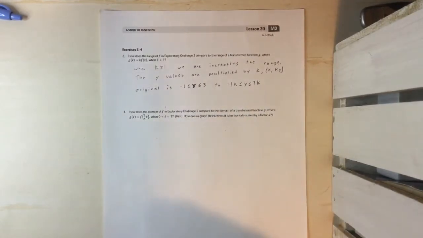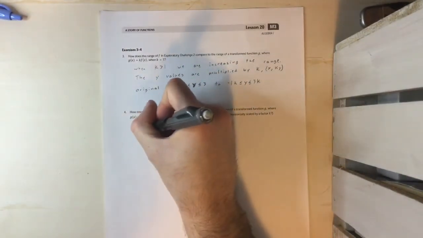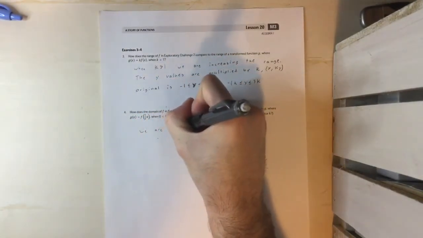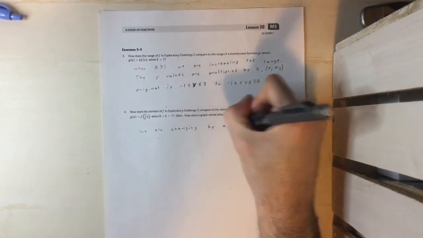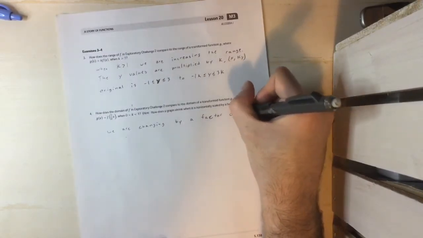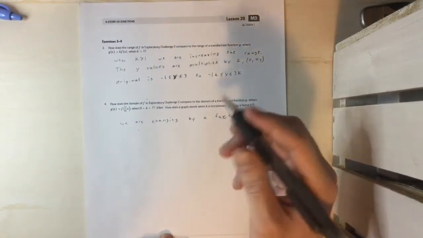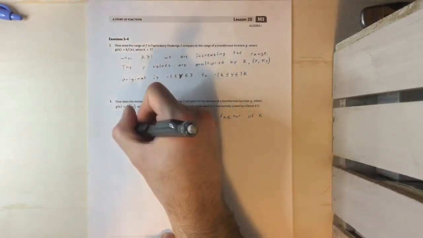So 4, how does the domain of exploratory challenge 2 compare? It's the same thing. We're changing by a factor of k. So for this one, it's going to be shrinking.